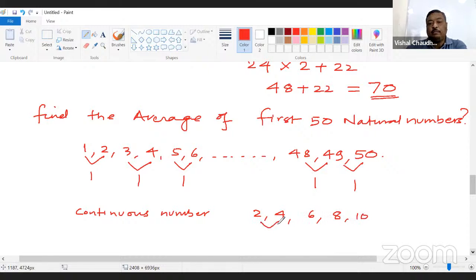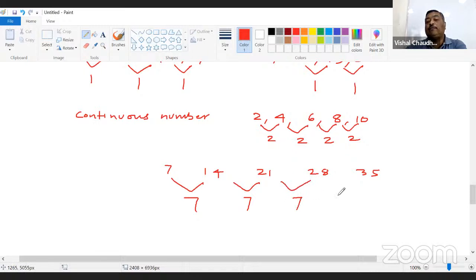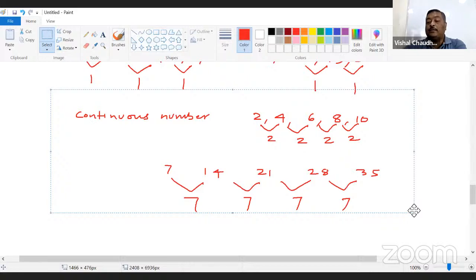Again, this is continuous because we have a difference of 2. If I take the table of 7: 7, 14, 21, 28, 35, the difference between any two adjacent numbers is 7. Did you get my point about continuous numbers? Is it clear, guys?